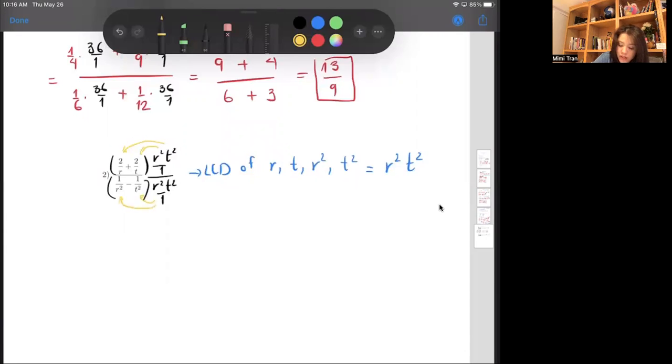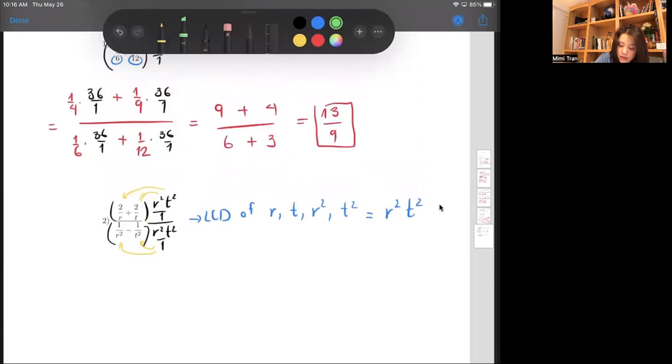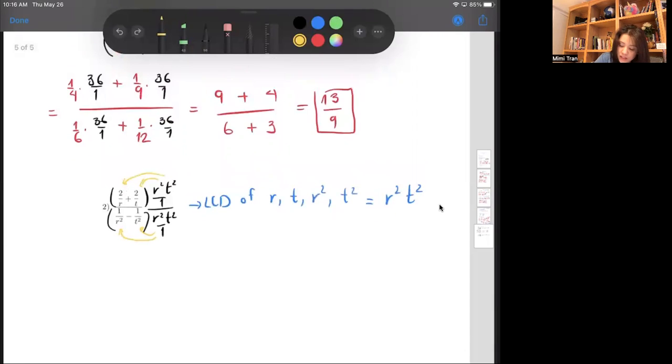I'm going to write out this step right here, kind of like I did in the first one. You don't have to, but I think it's good because you're less likely to make a mistake. So I have 2 over R times R squared T squared over 1 plus 2 over T times R squared T squared over 1.